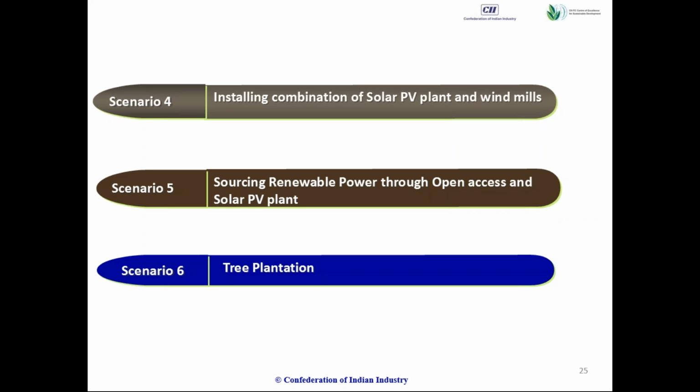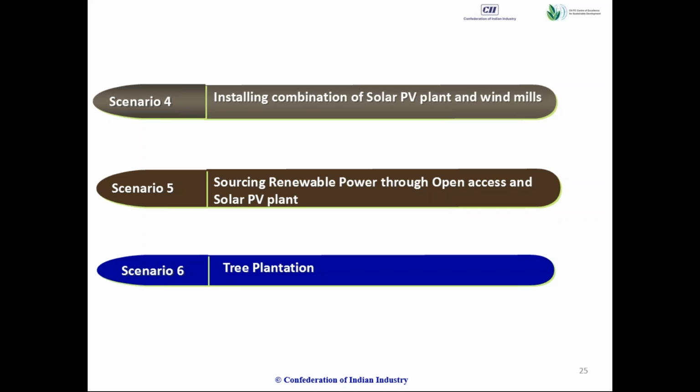They are given a ratio under the RPO obligation, that this much percentage from wind, this much percentage from solar. So if a company puts up a combination of solar and windmill, then they can use that to fulfill their RPO obligations also, and at the same time, the carbon credits generated from the solar and windmill can be used to become carbon neutral.